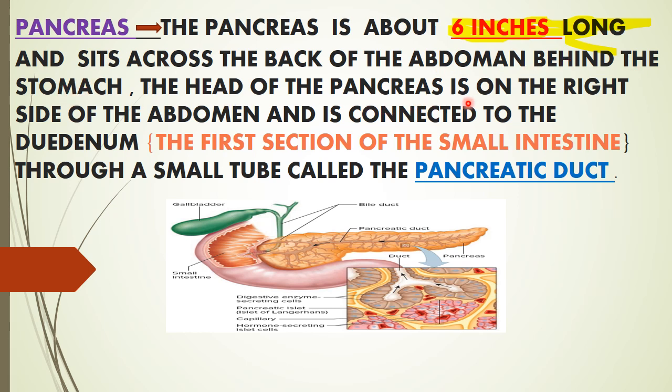The head of the pancreas is on the right side of the abdomen and is connected to the duodenum, the first section of the small intestine, through a small tube called the pancreatic duct.